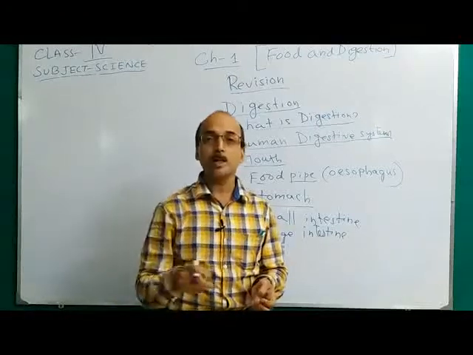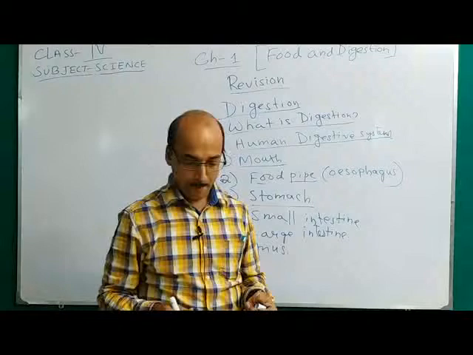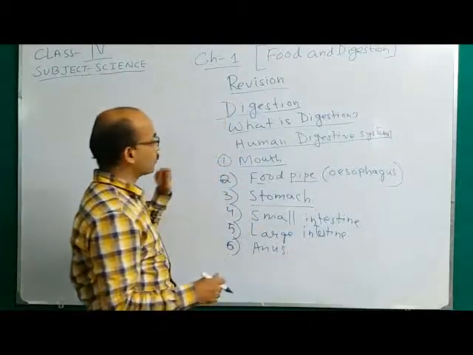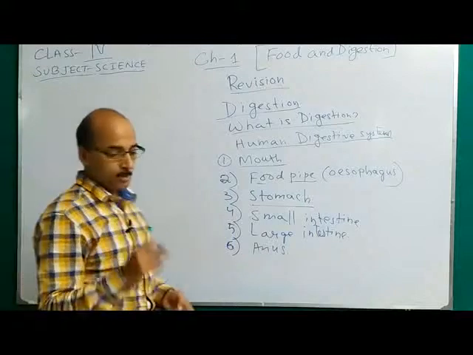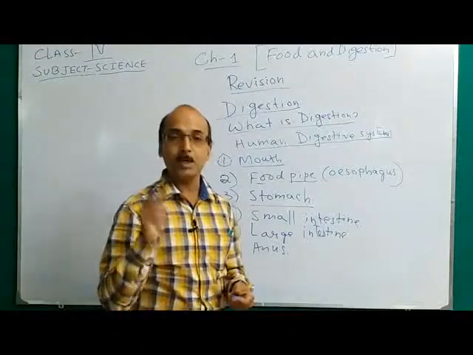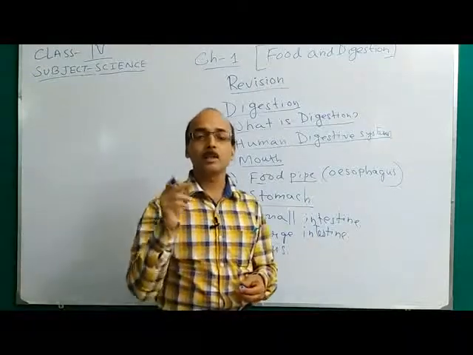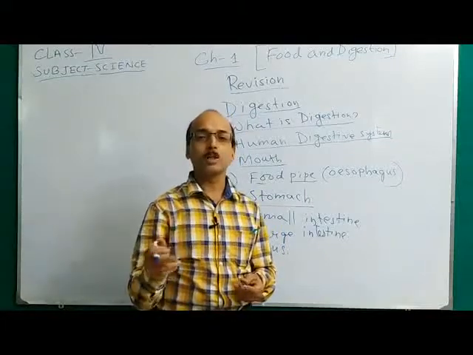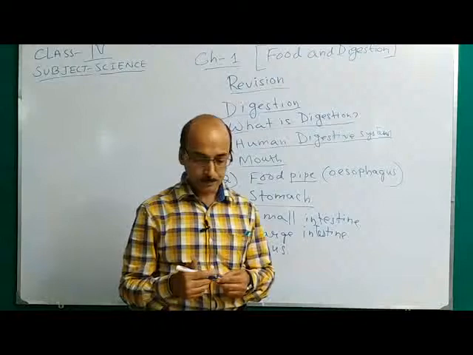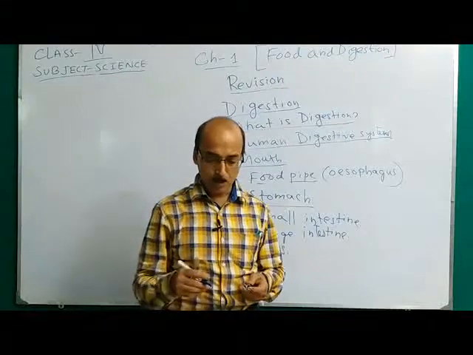So this way our digestion gets completed. The different organs are mouth, food pipe, stomach, small intestine, large intestine, anus. The liver and pancreas also help them. They secrete the juices that help to digest the fats, proteins and carbohydrates. Digestion is completed now.